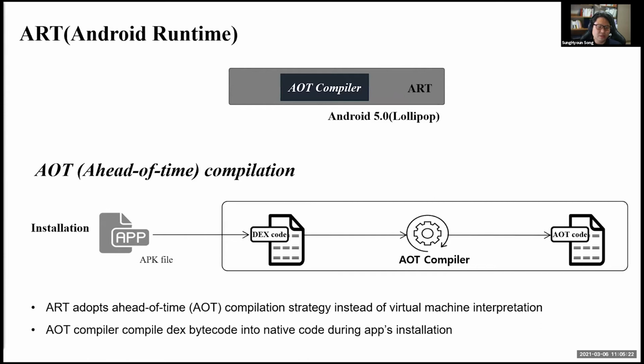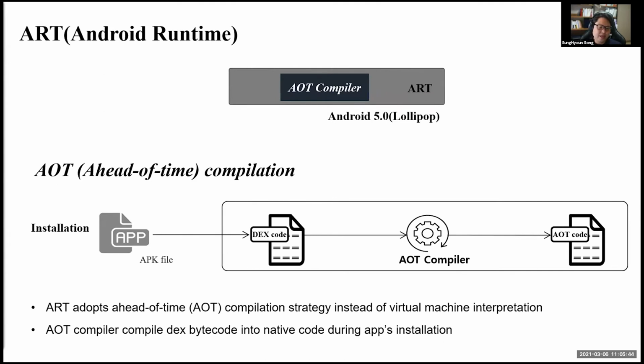The result is essentially an ELF file that is then executed natively. So instead of having bytecode that is interpreted by a virtual machine, it now has native code that can be executed natively by the processor. This is called AOT compilation.